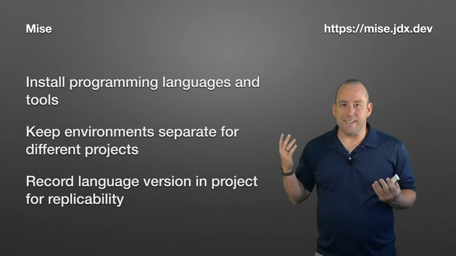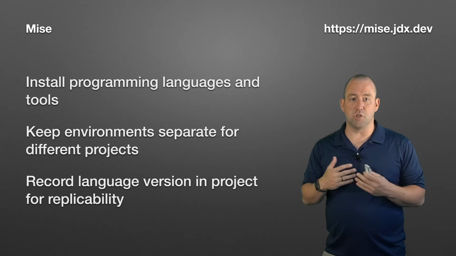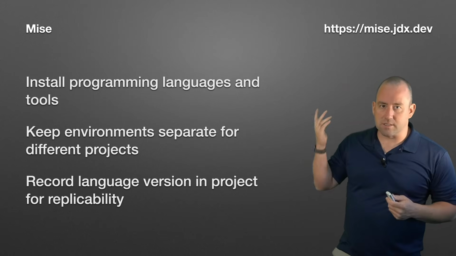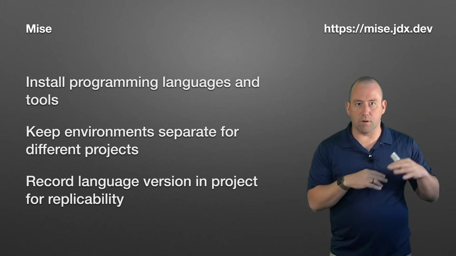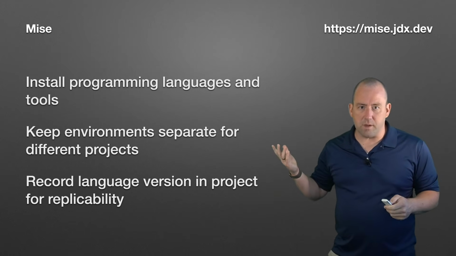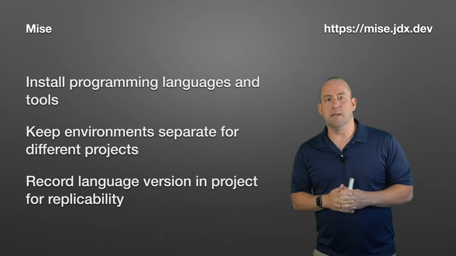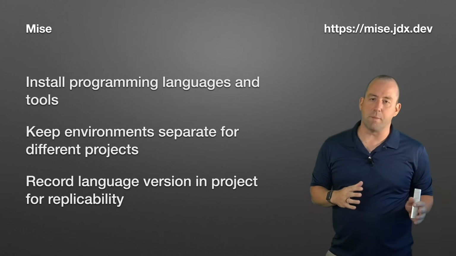So mise is a very simple kind of machine setup tool for installing programming languages and tools. Obviously, you can install them manually, your own way, whatever. Mise has the advantage of keeping your environment separate for different projects, similar to some of the tools that are already out there for different programming languages.